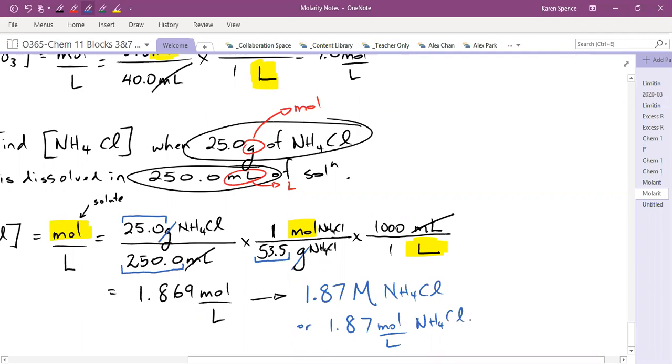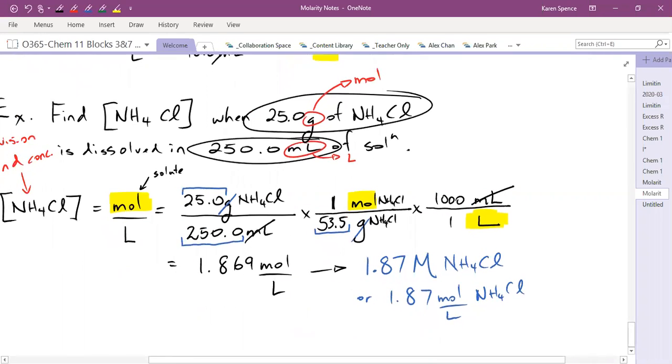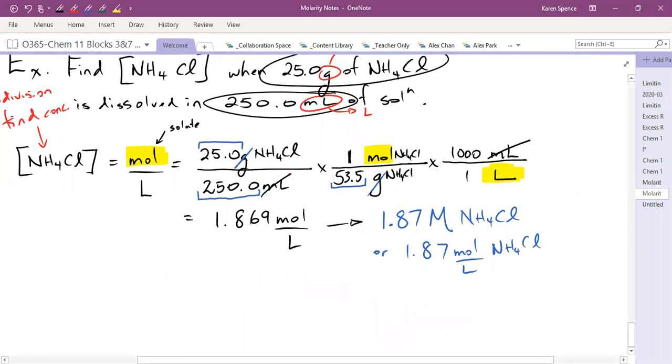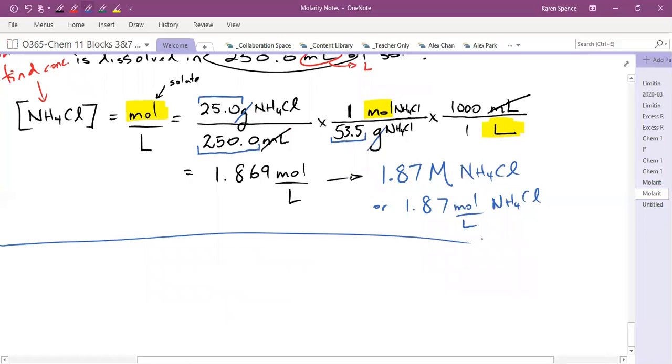Would anybody like to see that done in 2 steps rather than just in 1 line? Yes, okay. So let's do that same question in 2 steps. And I'm just going to write down our information.